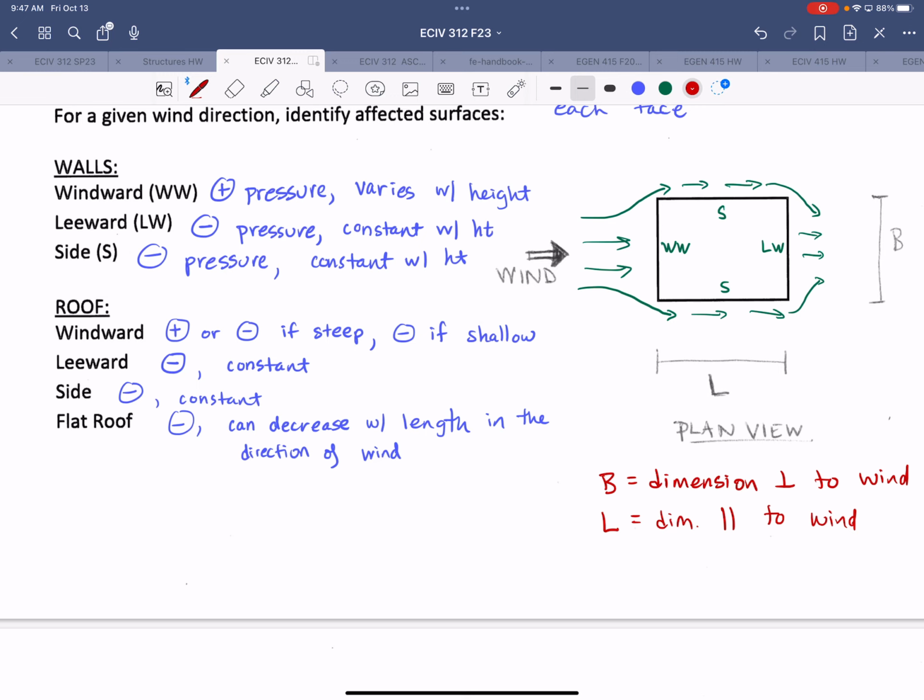But that's an interesting point, because the wind structure interaction can be affected by other buildings surrounding it. For that reason, for buildings in urban areas, especially taller buildings, we don't use this approach anymore.